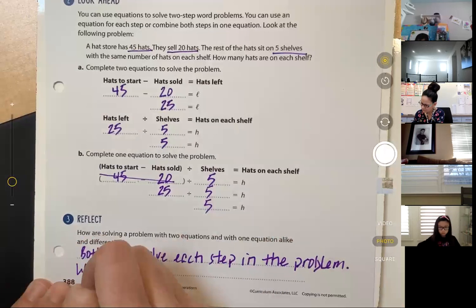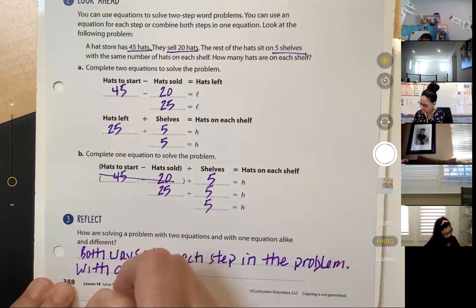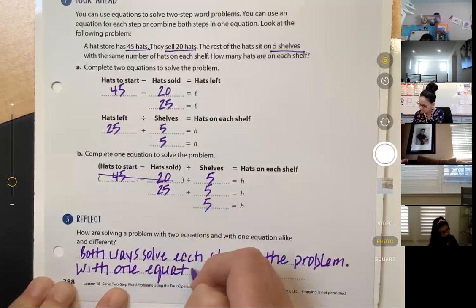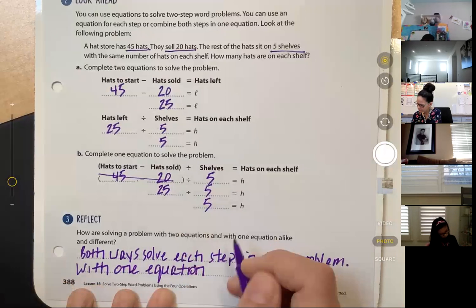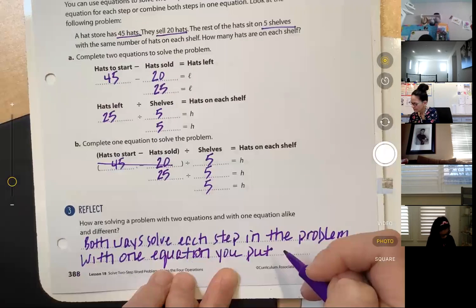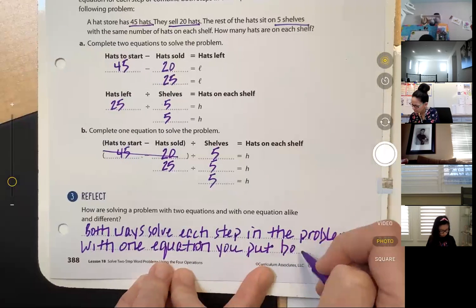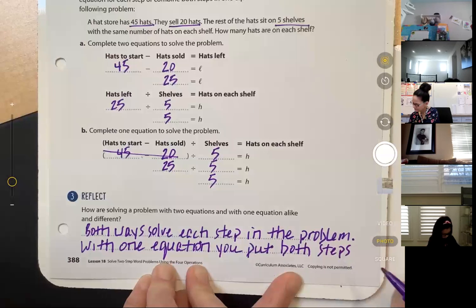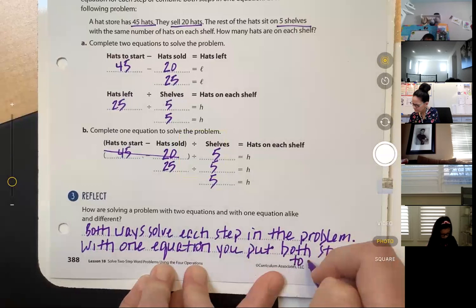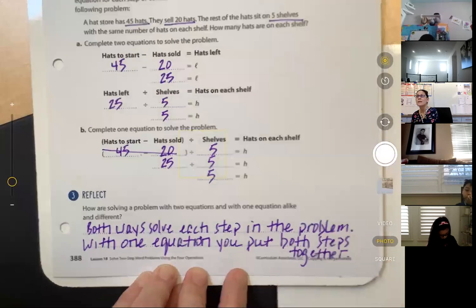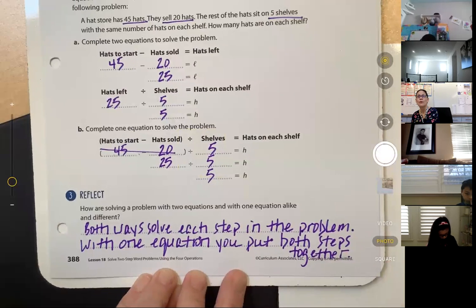With 1 equation, you put both steps together. So again, both ways solve each step in the problem. With one equation, you put both steps together.